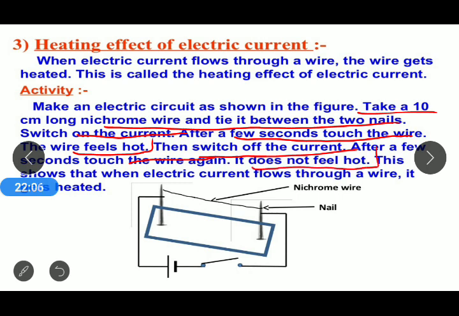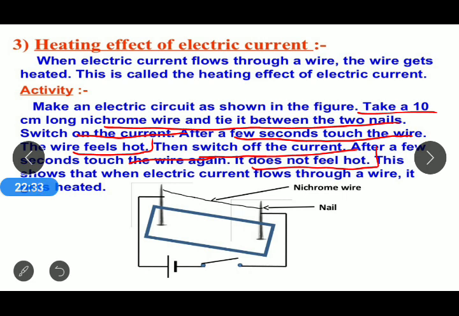So what we are doing in that activity is connecting all these components and flowing the electrical current for a few seconds, and when we touch the wire, we feel it hot. When we switch off the current and after a few seconds touch the wire, we do not feel any hotness.